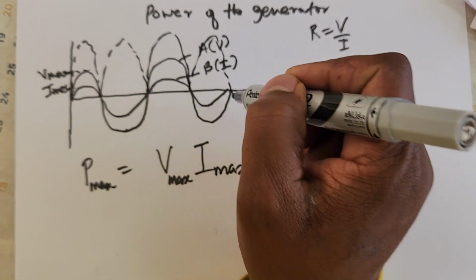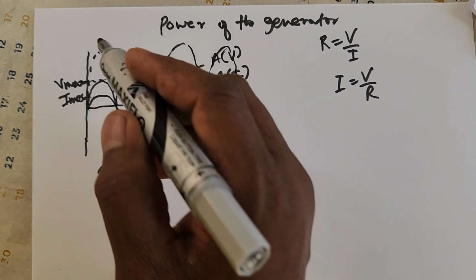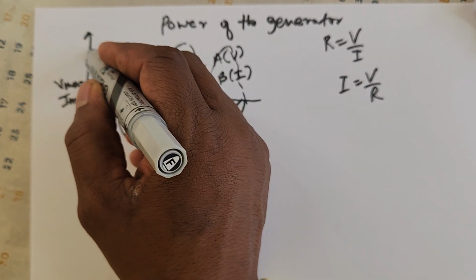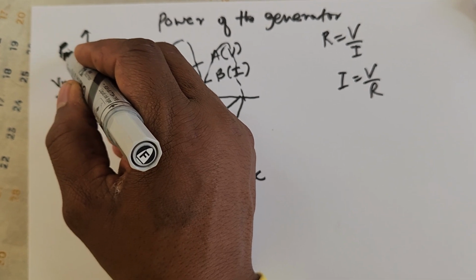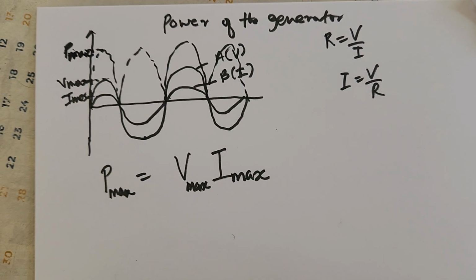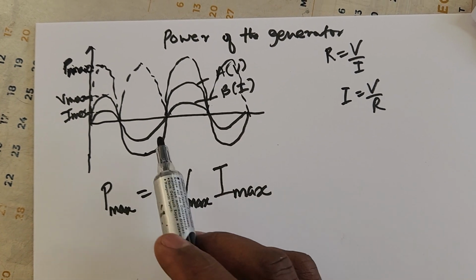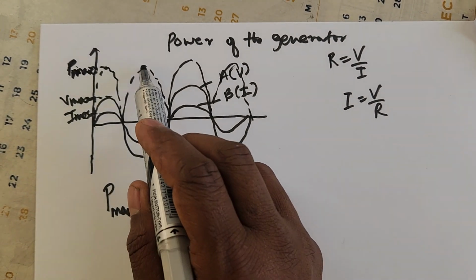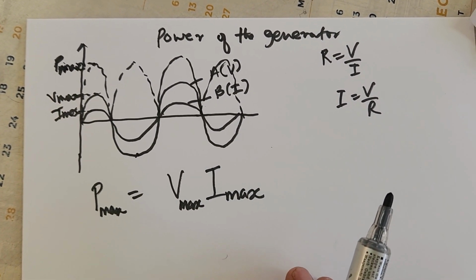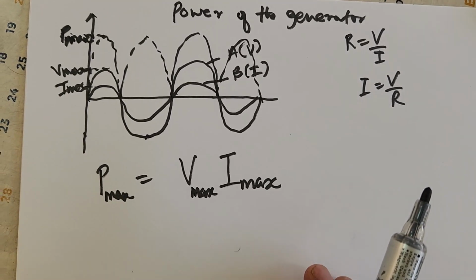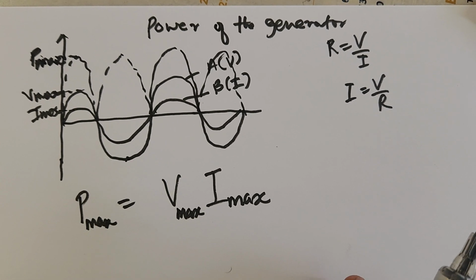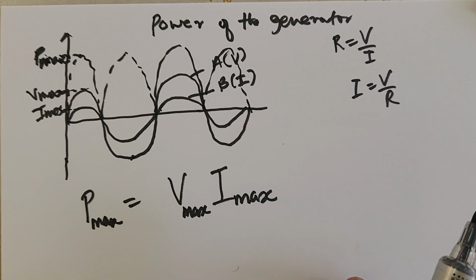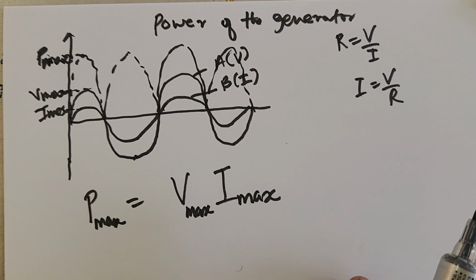Another question may ask why we have positive power even if the current or the voltage are negative. It's because negative multiplied by negative equals positive. So even if the voltage and the current are negative, the power will remain positive.